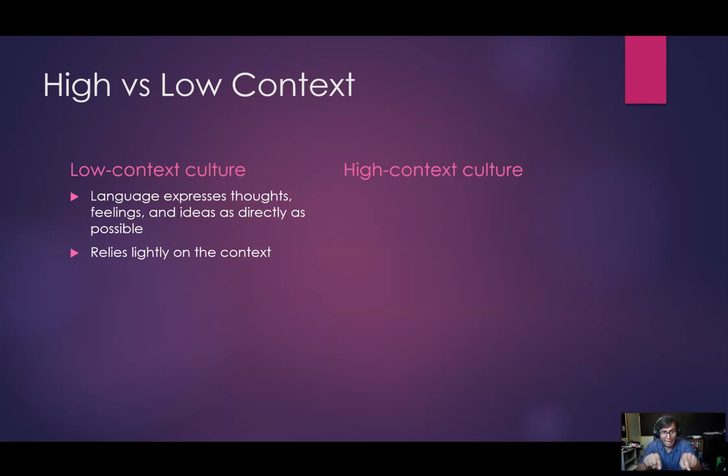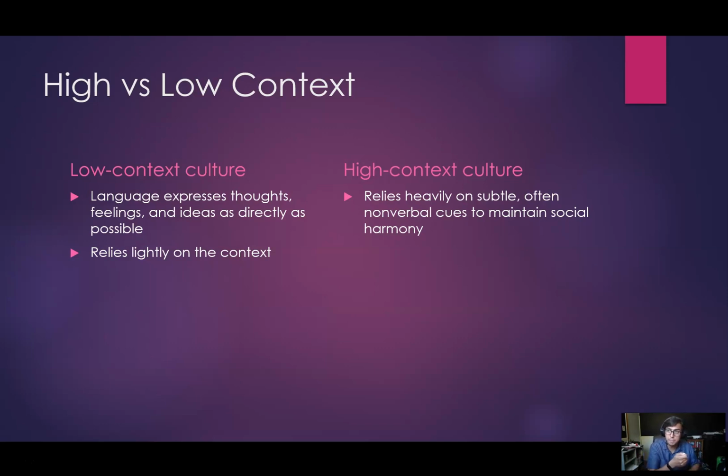Instead, it is direct. Whereas, in high context cultures, it relies heavily on subtle, often nonverbal cues in an effort to maintain social harmony. This relies very heavily on context. The reason why high context cultures are more subtle and less direct is in favor of politeness.